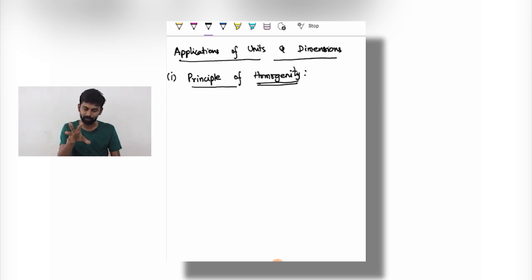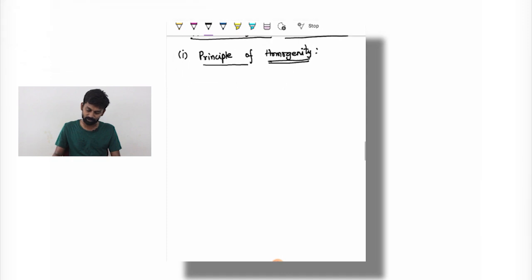So when we are adding two physical quantities, likewise when we are subtracting two physical quantities, those physical quantities should have the same units, or they should represent the same physical quantity. That is the meaning. So I will be writing an equation here.